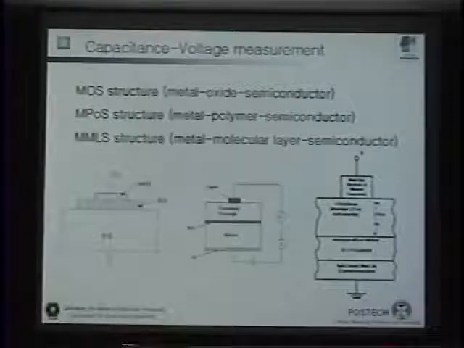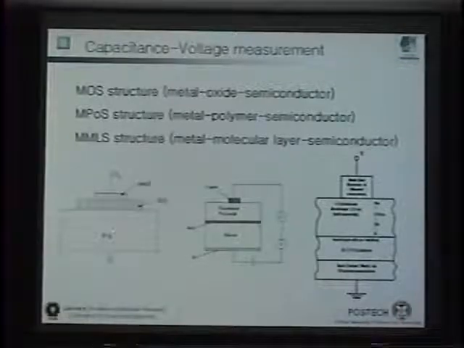This is a very important part of the transistor in silicon devices, and single crystal silicon is used, for example, for DRAMs and microprocessors. But if you move to organic transistors, we use organic films for gate dielectrics, and in this case we can make this structure based on the same principle as the MOS structure.